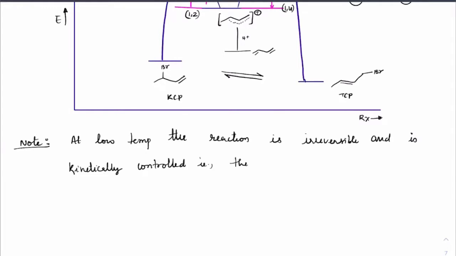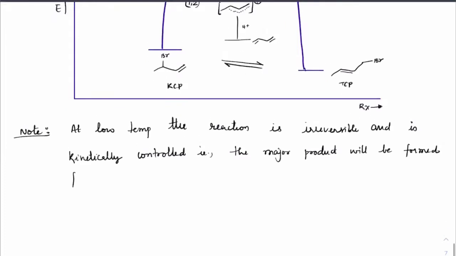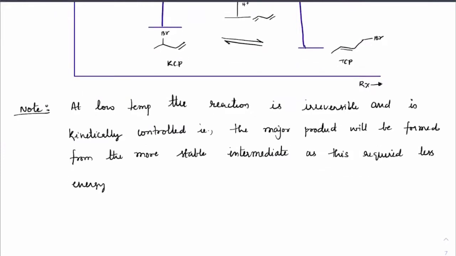That is, the major product will be formed from the more stable intermediate, as this requires less energy of activation. So this is the first note.